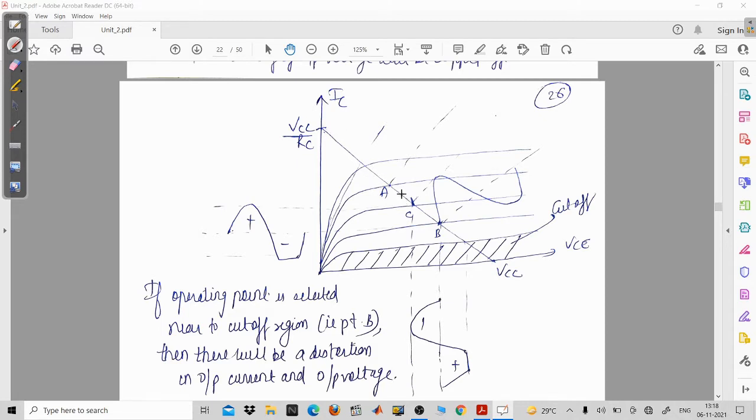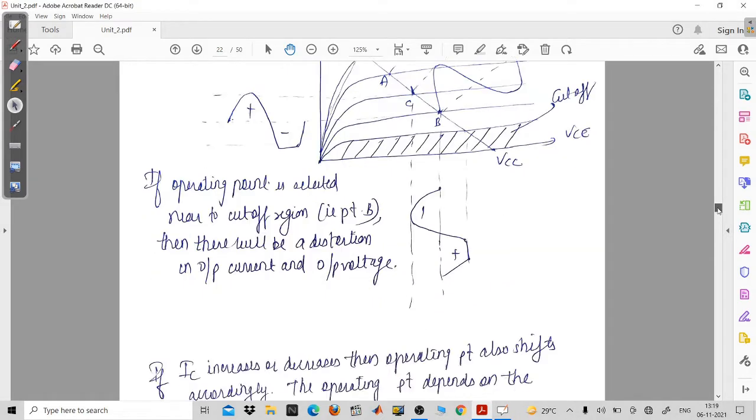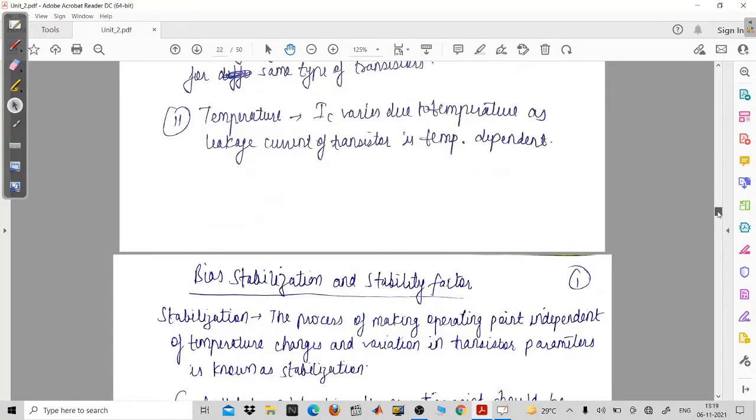Now, this operating point is going to approach towards the saturation region, or if it is going downwards, then it will be approaching the cutoff region. So in both these cases, your waveform will be clipped off like this. We have already studied this. So it means that there is a requirement of stabilization.